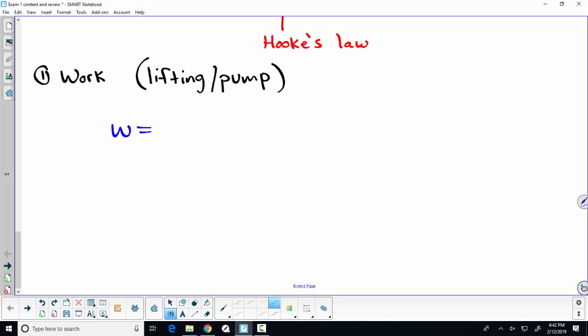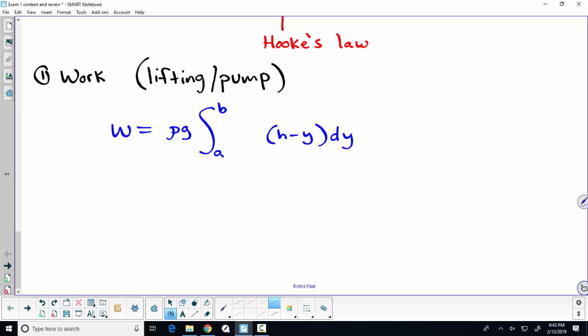Anybody remember how we defined work for those? Density times gravity. Okay. The integral of the force times height, so h minus y. Yeah, h minus y. And what else goes in here?